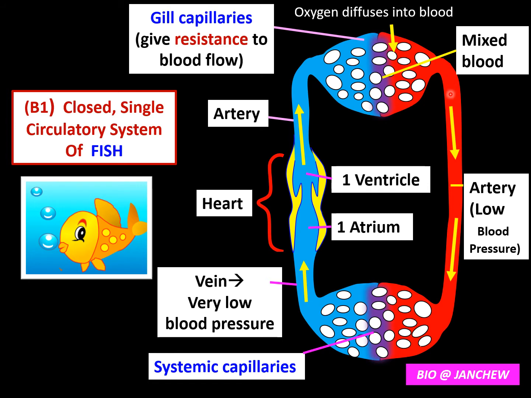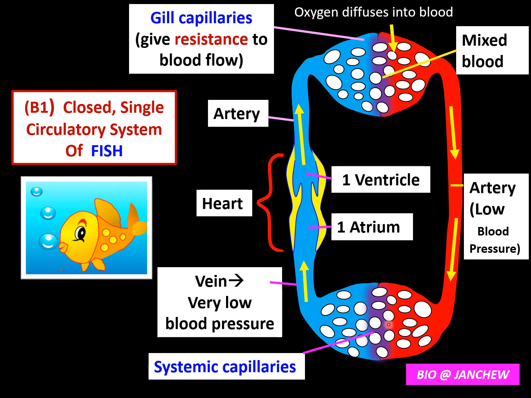Next, the blood flows through this artery to the systemic capillaries, which are found in the body tissues and organs of the fish, such as the intestines, the liver, and the brain.